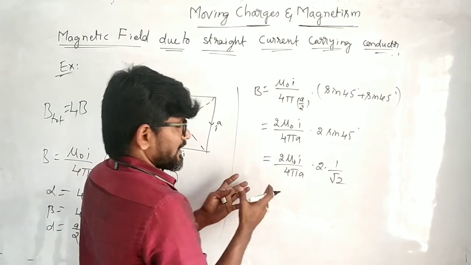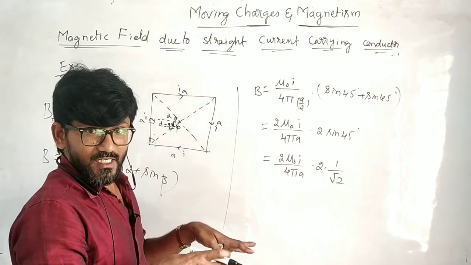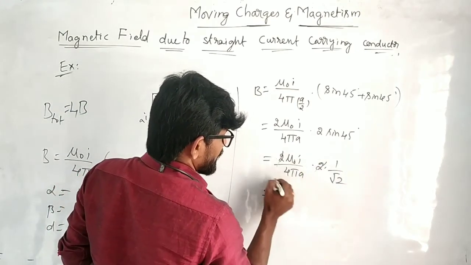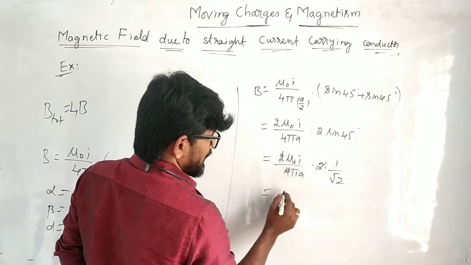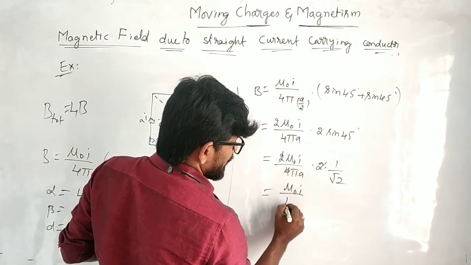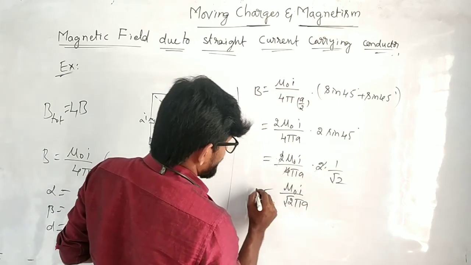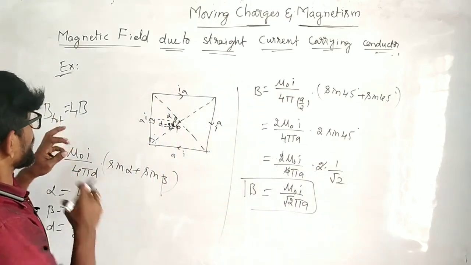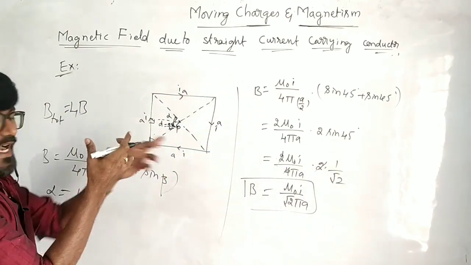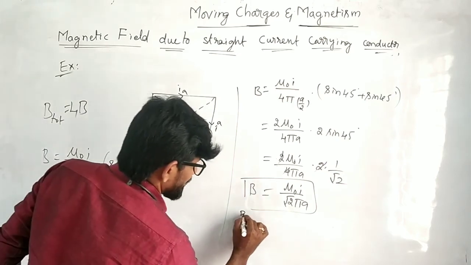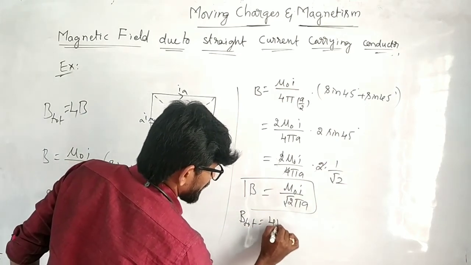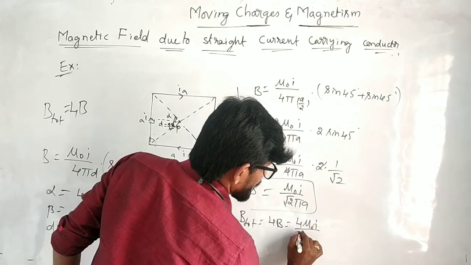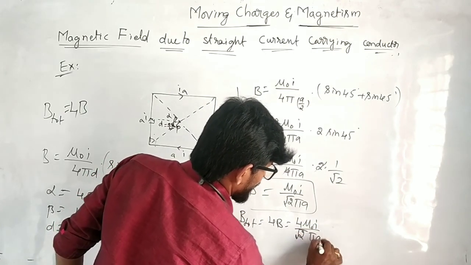Depending on the options, you have to simplify this kind of question. This further you can write as, 4 cancels, mu naught I by root 2 pi a, which is the B due to one conductor. Now due to the entire loop, because all are adding over here, total field B total is equal to 4B, which is 4 mu naught I by root 2 pi a.